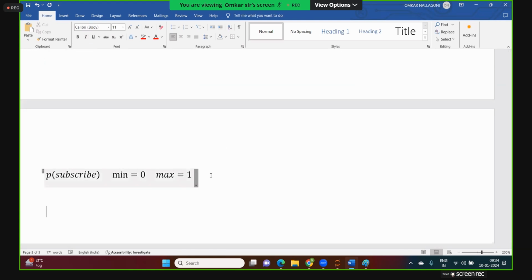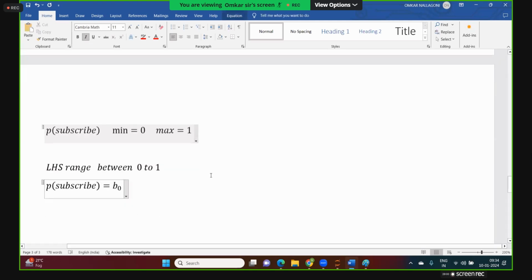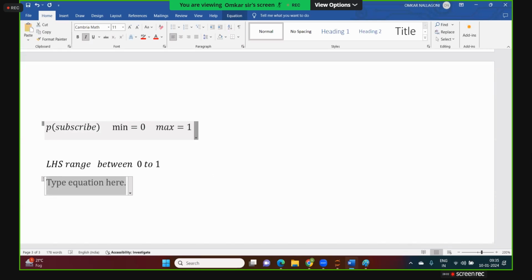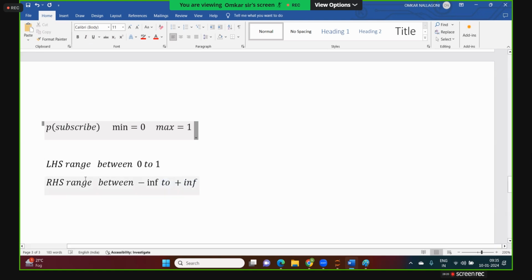The LHS equation ranges between 0 to 1, but the RHS ranges from minus infinity to plus infinity. So that is the problem with the second equation.